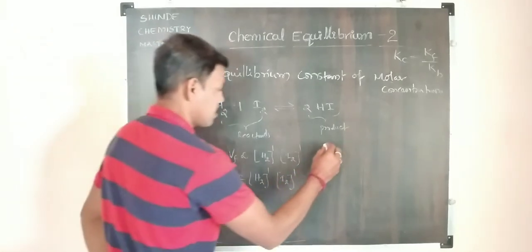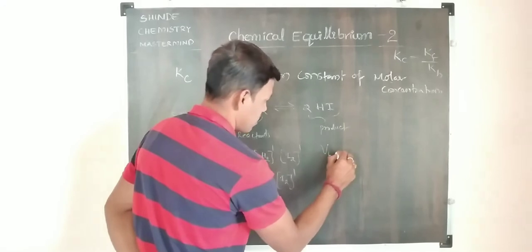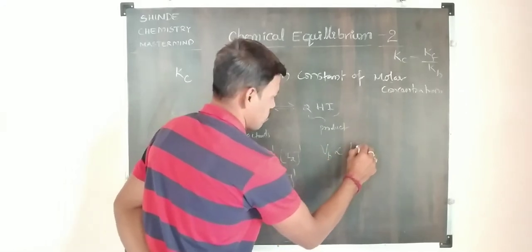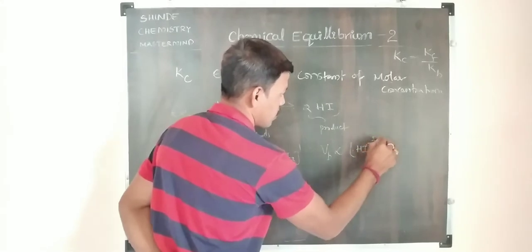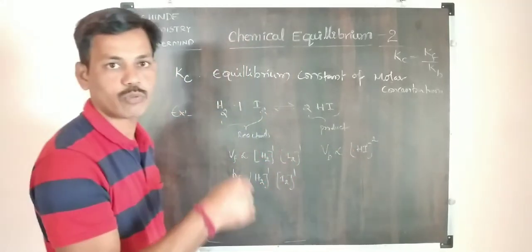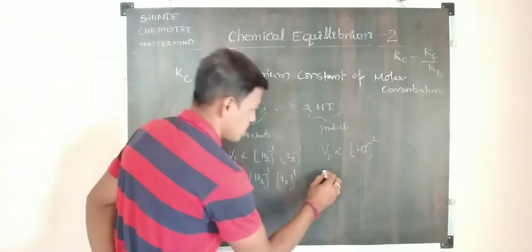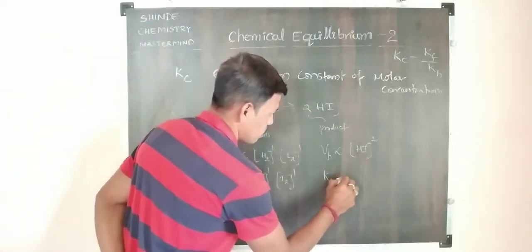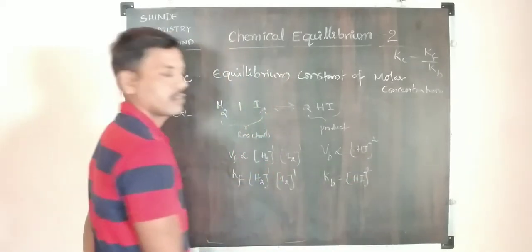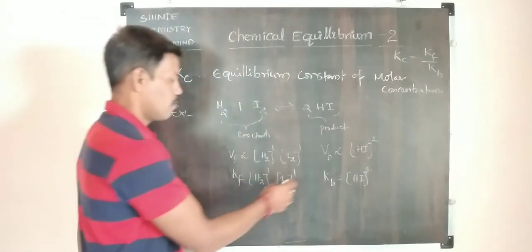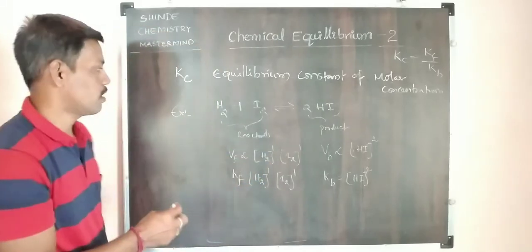Now similarly, Vb in the backward reaction is proportional to the concentration of hydrogen iodide. Here we have to write active mass 2. Why? Because 2 moles of product are formed. So here Kb is equal to HI upon 2. So these are the derived equations.